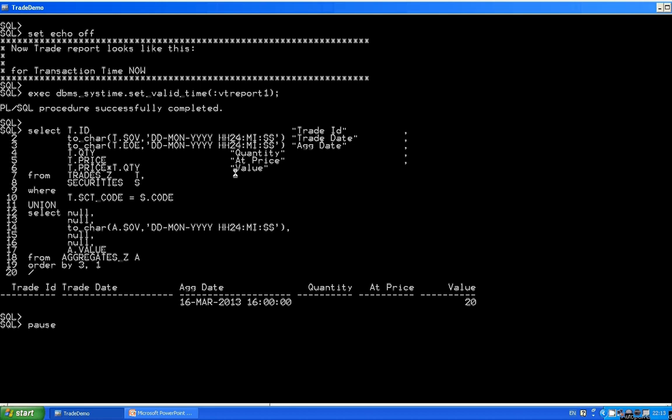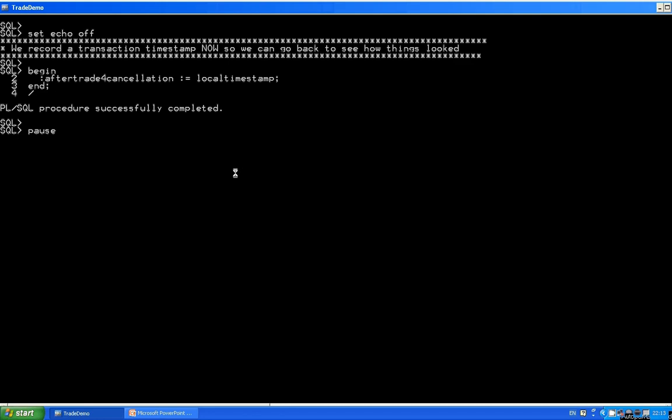If you remember, the report is at 5 p.m, but the fifth trade occurred after 5 p.m, so the current status of the system is that one aggregate exists and trade 4 has been cancelled. If we now take another quick transaction timestamp of the time just after we cancel trade 4, we'll be able to come back to that later on in the script.